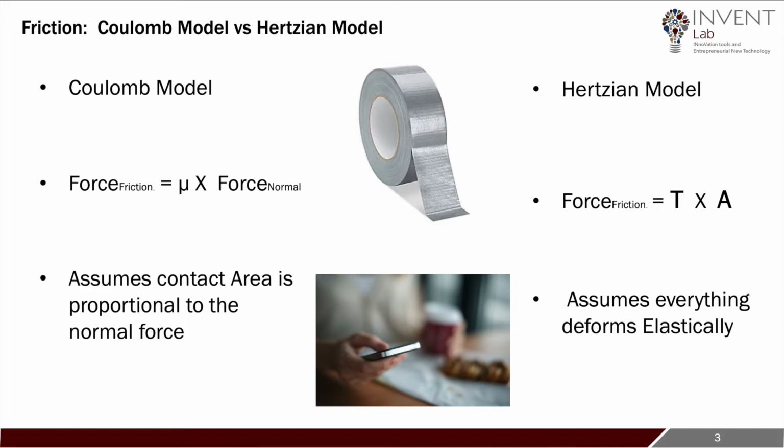For these examples, we can look at more advanced models of friction like the Hertzian model, which says that the frictional force is equal to the shear stress times the contact area. And this is a better model for modeling things like fingers, but it also has a variety of assumptions which aren't always the case. Here you can see a close-up of your finger ridges on your fingerprints.